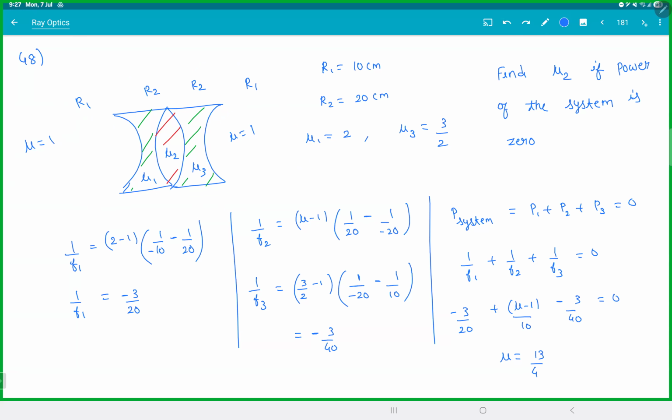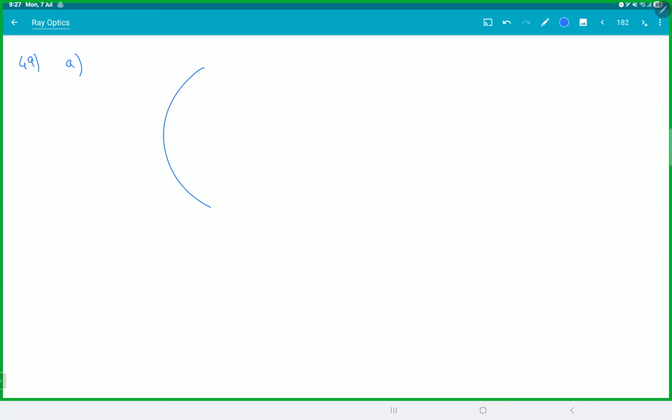Let's see something a little more tricky. This thing is fine. What if you have a system like this? You have a lens. A parallel light ray comes inside. It bounces, bounces, bounces, and goes outside. Basically, there is a total internal reflection.